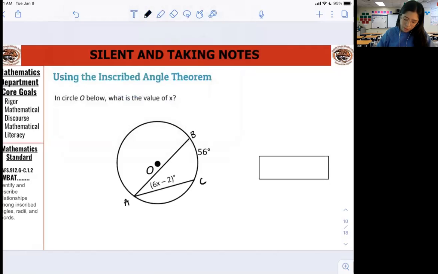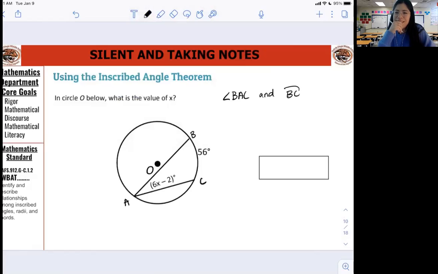What's the relationship between angle BAC and arc BC? Okay, so are they equal or is it half? Think about it again. Those are two options. Are they equal or is it half?